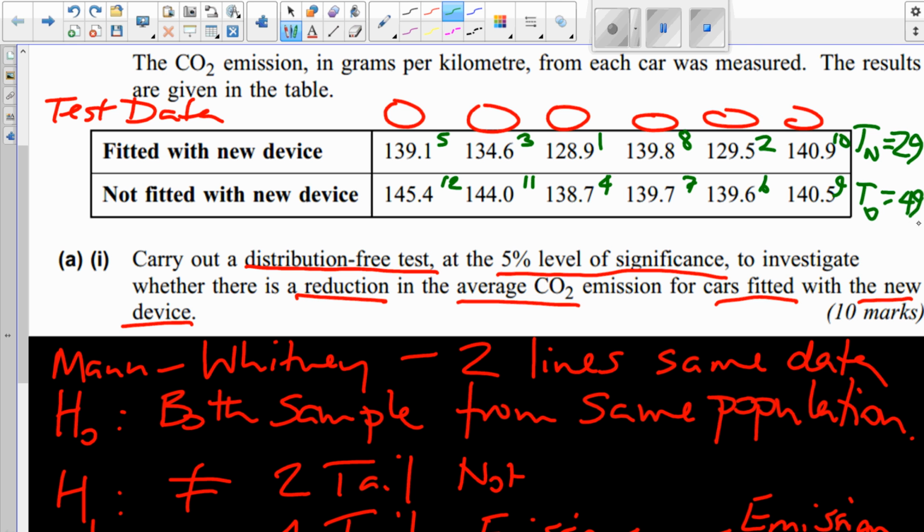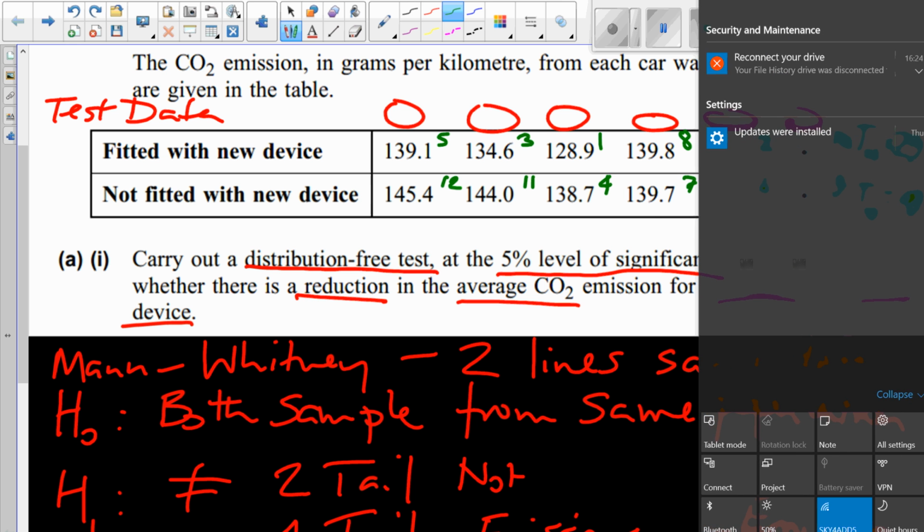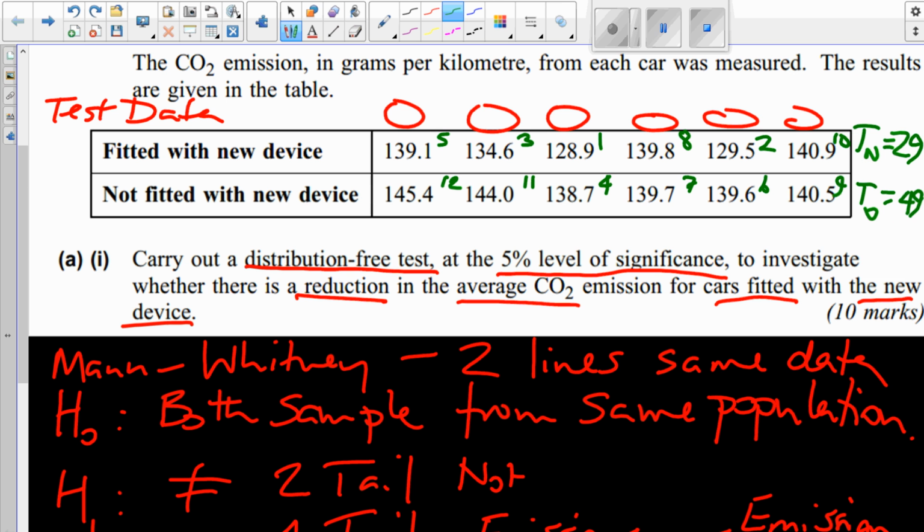Now let's just do a quick check on those two. If we add those two together, we're going to have 78. Now we can do a quick check here, because we know that 1 plus 2 plus 3, etc., up to our top number, which is 12. We've got a formula we can use to work that out, and that's n(n+1)/2.